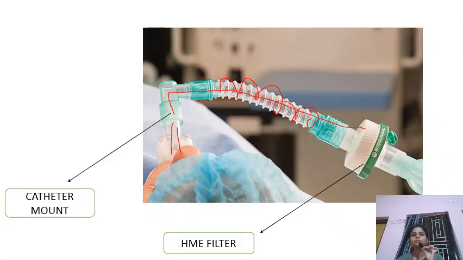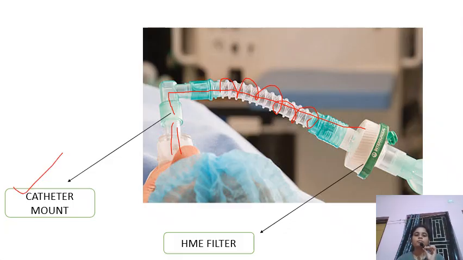One benefit of the corrugated tube is that it is flexible. You can change the position; it is not stiff. It also helps to increase the volume of the ventilator tube, as well as of the catheter mount, so the amount of air going to the lungs also increases, and the expansion and contraction can also take place.